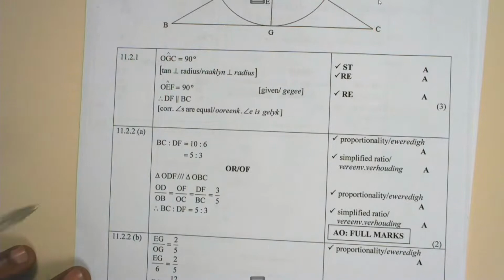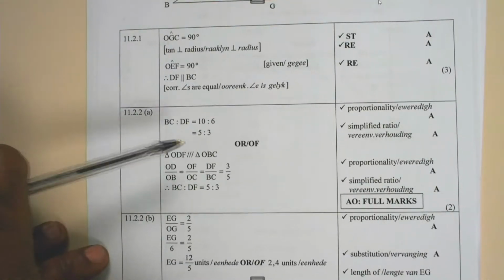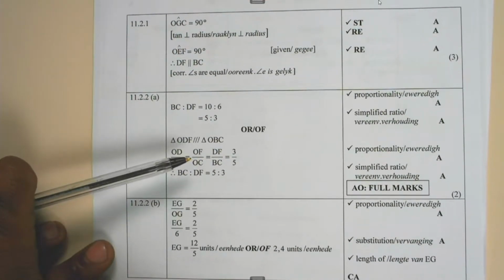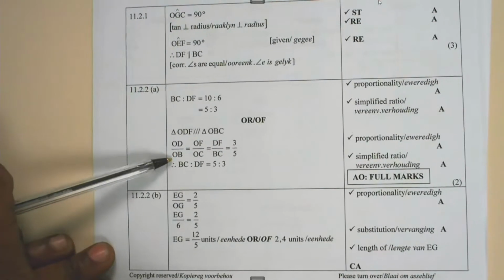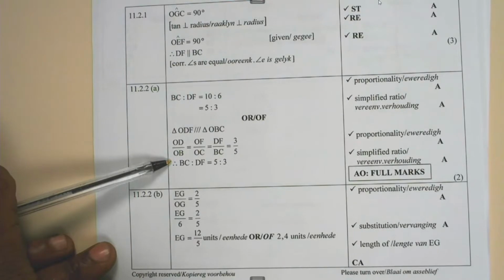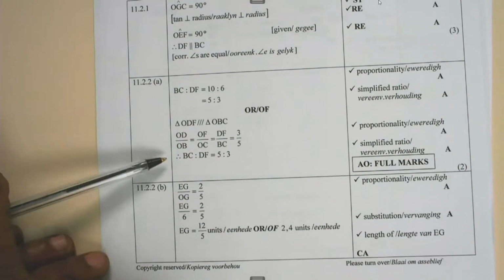Number A, we are given the ratio there. It's a mark for proportionality and a simplified ratio. Another alternative, learners can say OD over OB is equal to OF over OC, DF over BC, which is the same as 3 over 5.